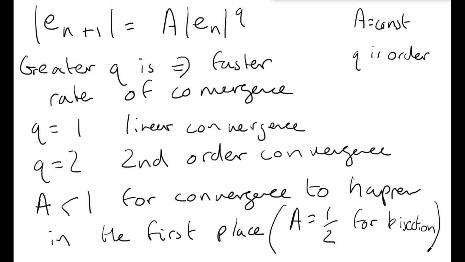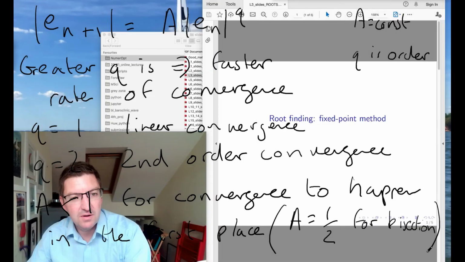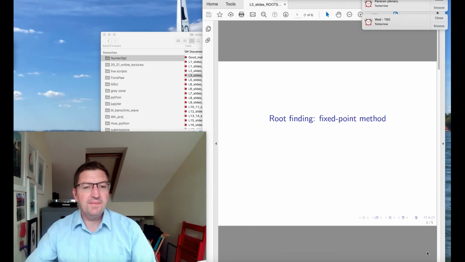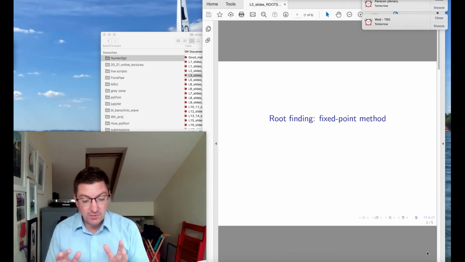Okay, we've just done our first treatment of the bisection method, and we found that it's linear convergence. Now we could go into detail with other methods.